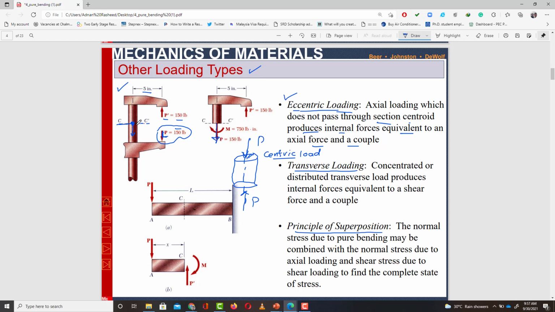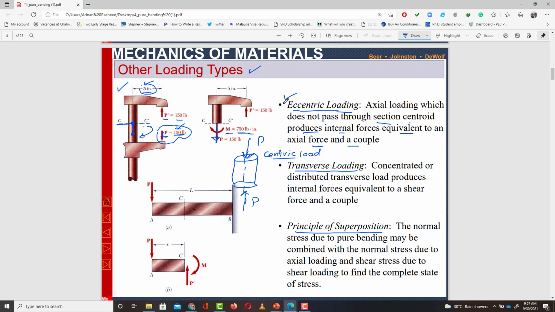Whenever you section this and you want to show the force, you move this force to this point. Now there will be a couple, a moment, and this moment is P times 5 inch, or 150 multiplied by 5 inch. So M dash is equal to 750 pound-inch. Clear?